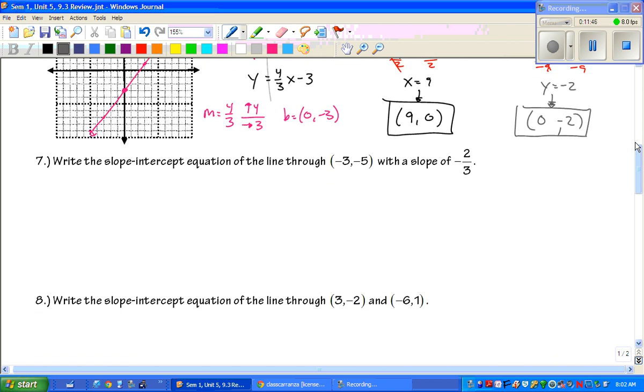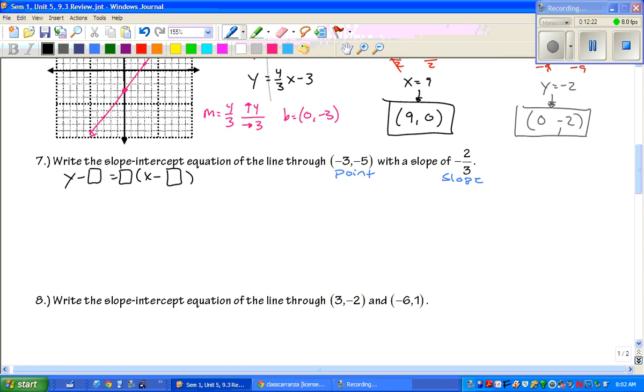Number 7, write the slope-intercept equation of a line through negative 3, 5, and with a slope of negative 2/3. So one of the things that I noticed is they gave me a point and they gave me slope. So that means that I have to use the point-slope form. Okay, we've also written it where we kind of just leave it out like this. y minus your y equals slope times x minus your x.